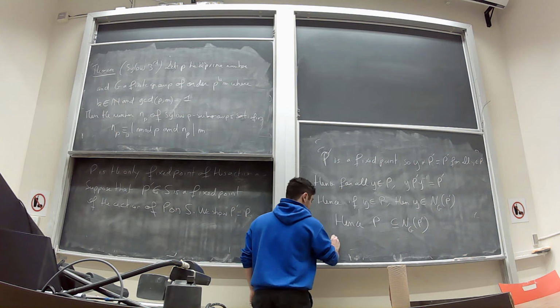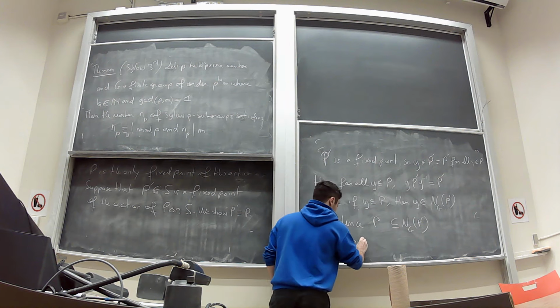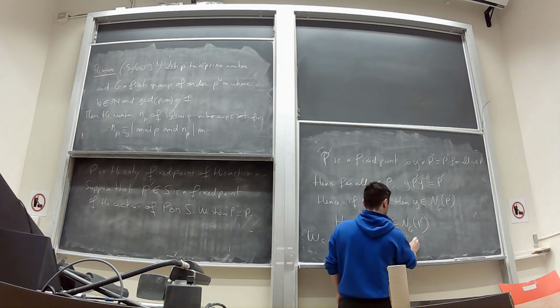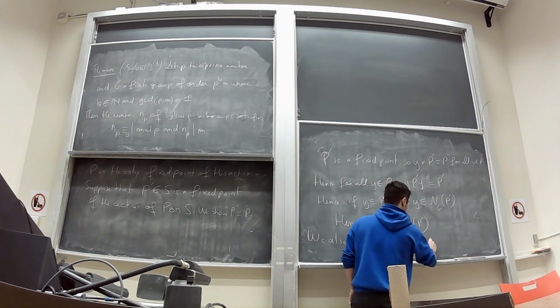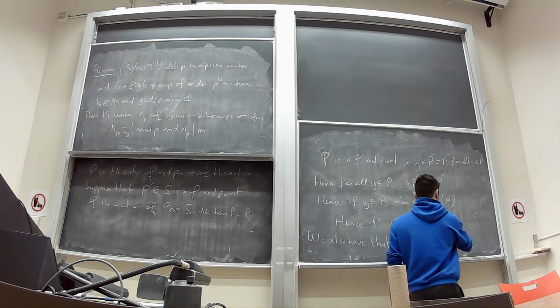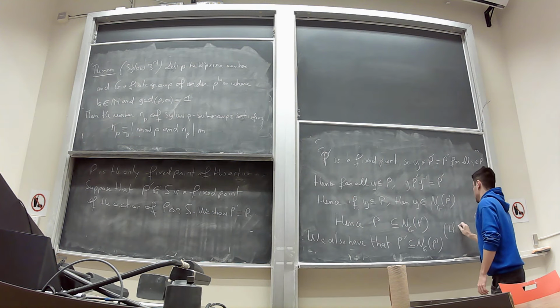We also have that P prime is contained in N_G(P prime). This should be clear. If x belongs to P prime, what is x P prime x inverse?